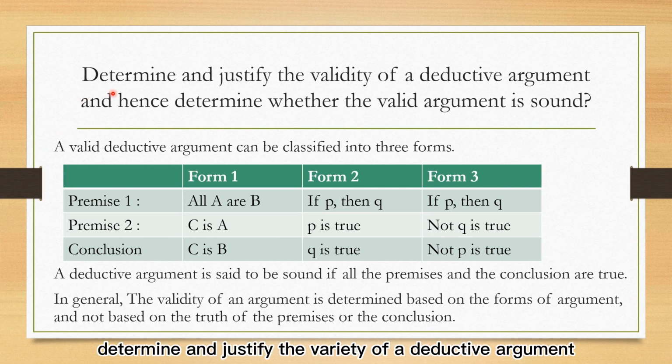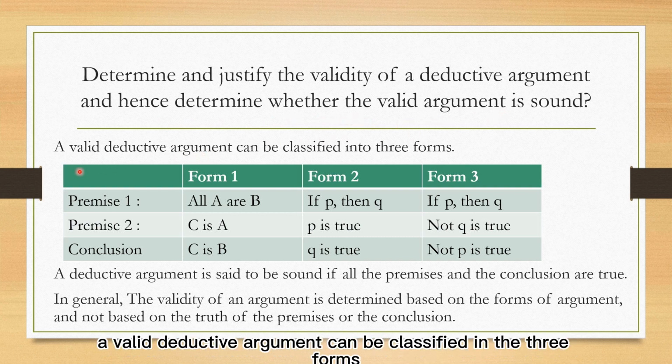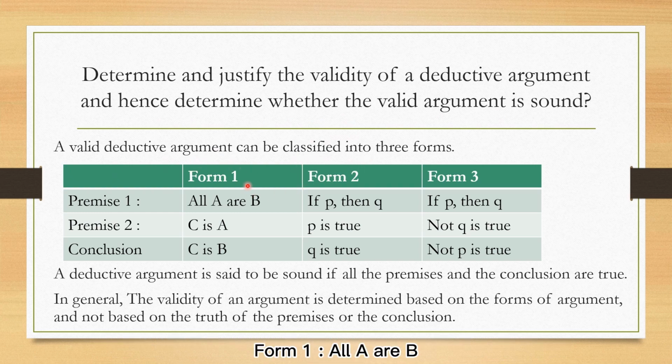After that, determine and justify the validity of a deductive argument, and hence determine whether the valid argument is sound. A valid deductive argument can be classified into three forms. Form 1. All A are B, C is A. In conclusion, C is B. Form 2.